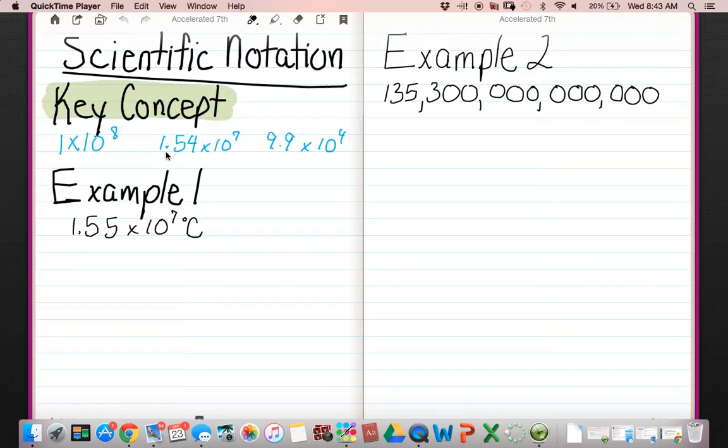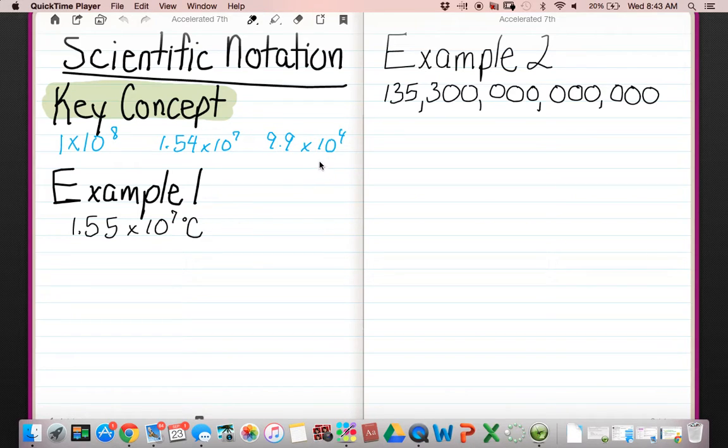Our second number, 1.54 times 10 to the 7th, again, my first factor is greater than 1, and my second factor is a power of 10. And my third example, 9.9, which is less than 10, and my second factor is a power of 10.